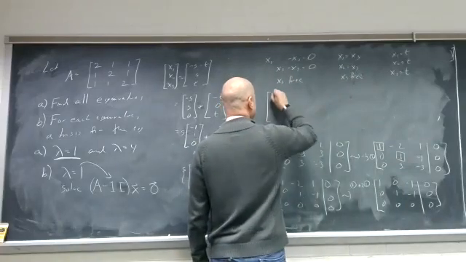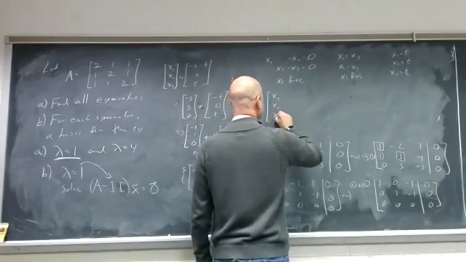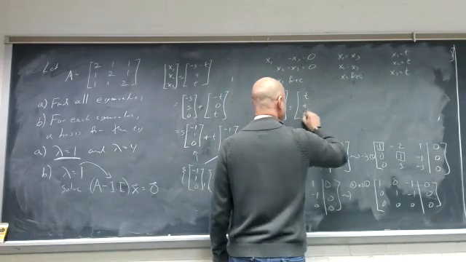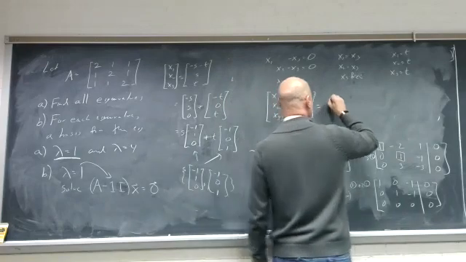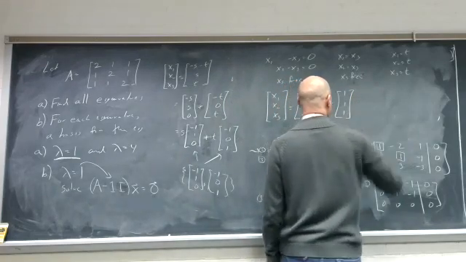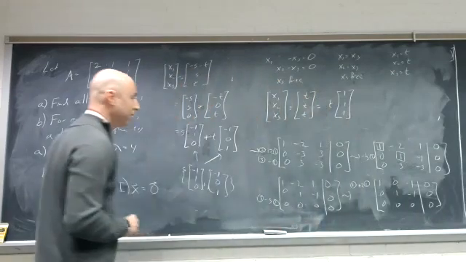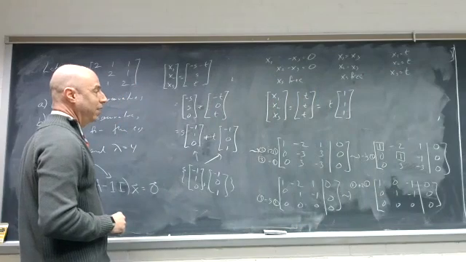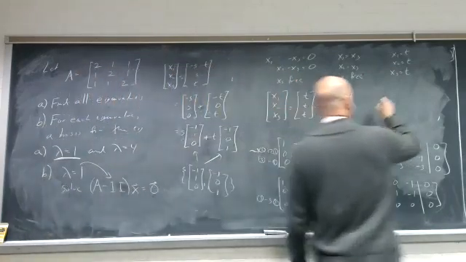So that tells me that x1, x2, x3 is t, or t times 1, 1, 1. And so here's my basis.